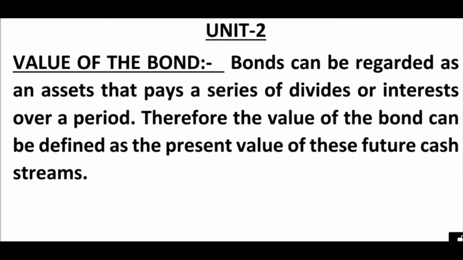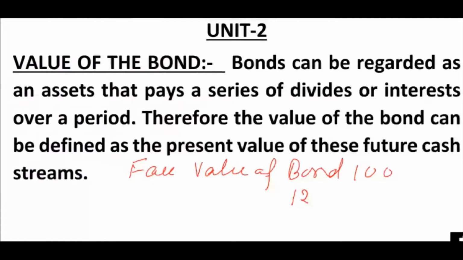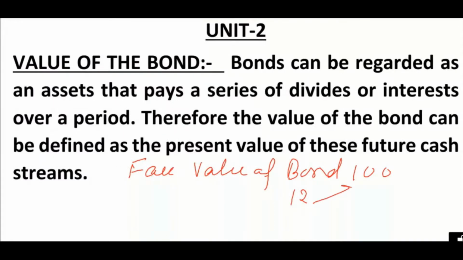Let's say, the value of the bond. How to calculate? We'll say, what is the face value of the bond here. Just for example's sake, I am taking the face value of the bond as 100 rupees, and the coupon rate as 12 rupees. That means every year it will give you 12% interest.